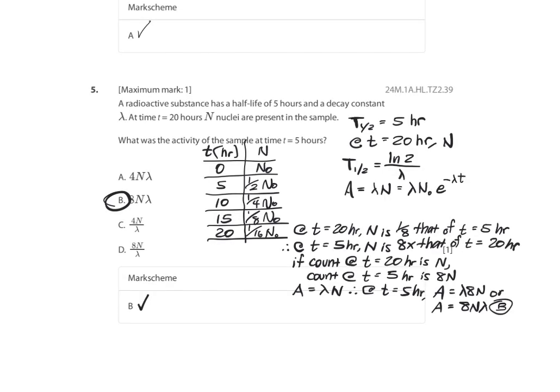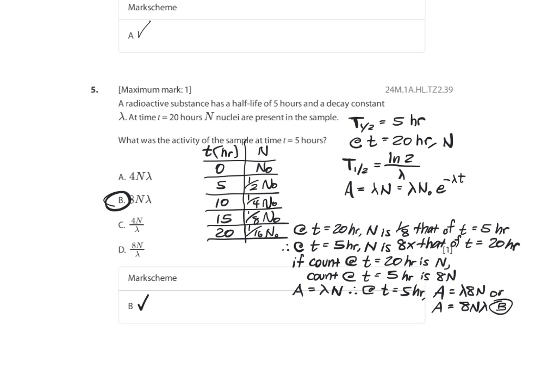With number 5, we have a radioactive substance, half-life of 5 hours, decay constant lambda, and at 20 hours there are N nuclei present. What's the activity at time 5 hours? So 20 hours is 3 half-lives after the 5-hour mark. I made a little chart: if at time 0 we have N naught as the original count, after each 5 hours it's half of what it was.